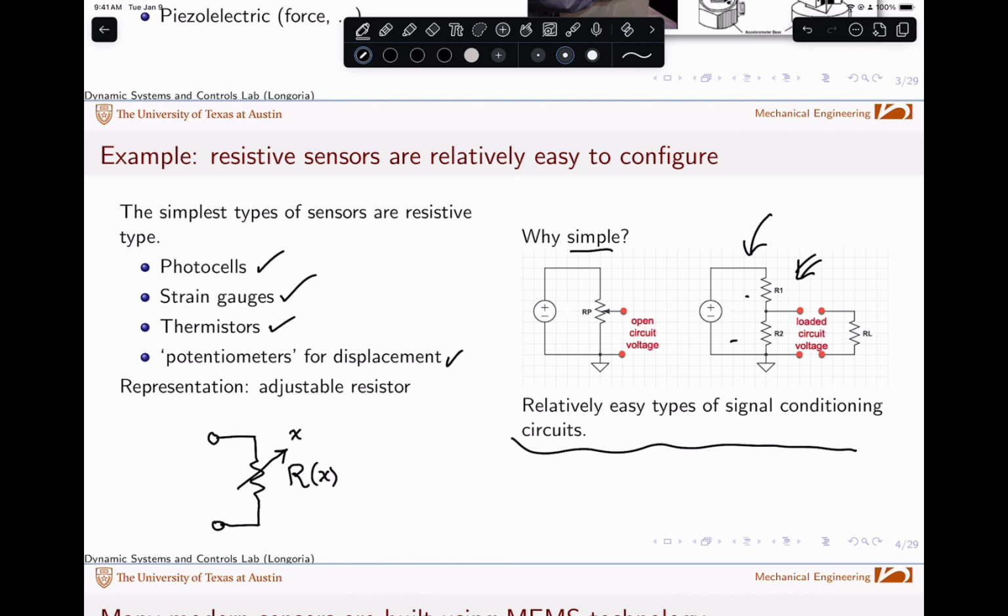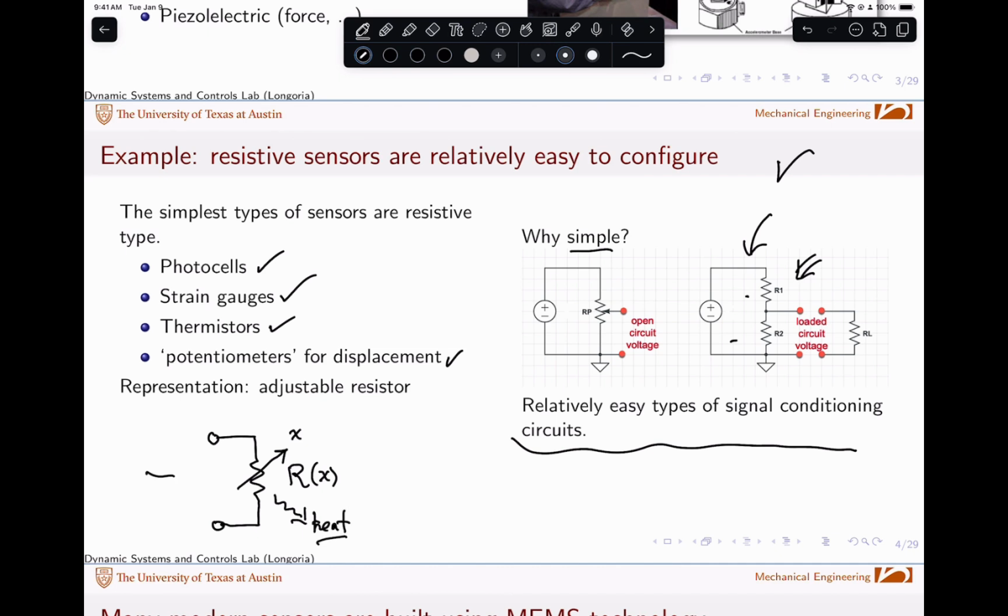And typically we don't measure things like current or resistance or capacitance directly. We need some kind of signal conditioning to convert it into a voltage, and then we can make some inference about what that quantity is. All right. So resistive sensors are very popular because they're easy to use, with simple signal conditioning. The thing is, remember, resistors also generate heat, and they're purely dissipative.